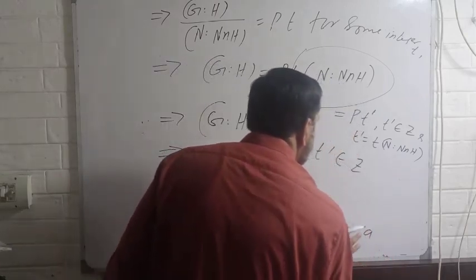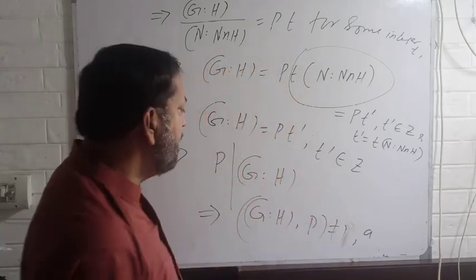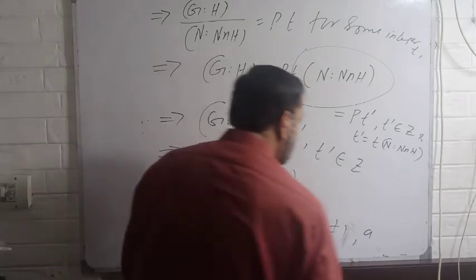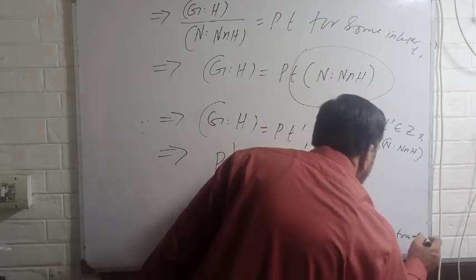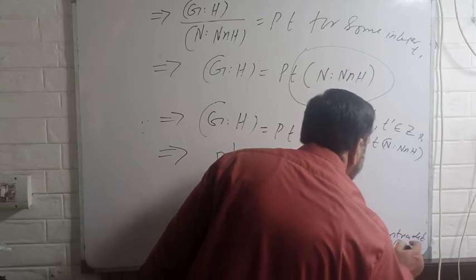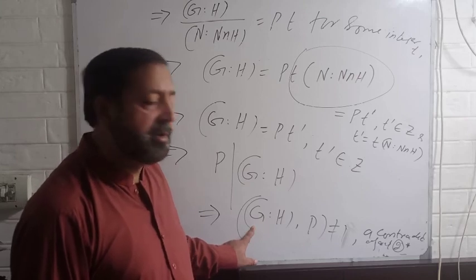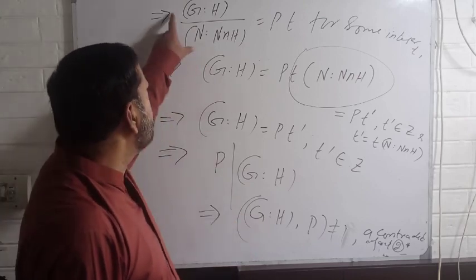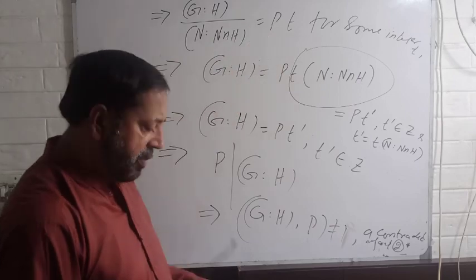Or you can say this is not equal to 1. Of course, it is P in fact, but you can say it's not equal to 1, a contradiction. A contradiction against 2 star. Hence our supposition is wrong, therefore that index with P must be relatively prime to P.